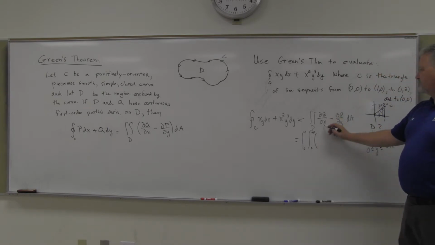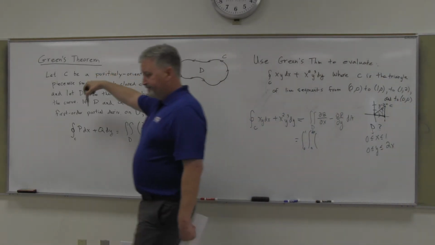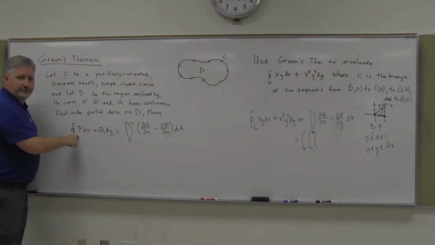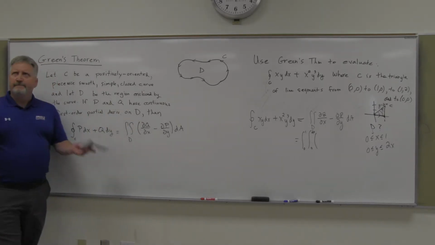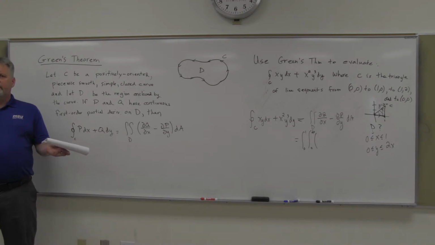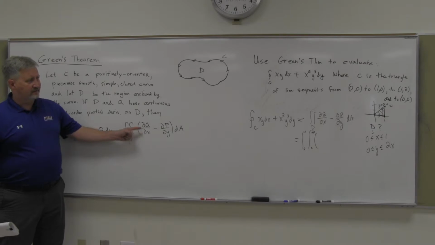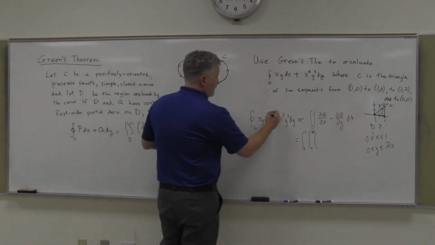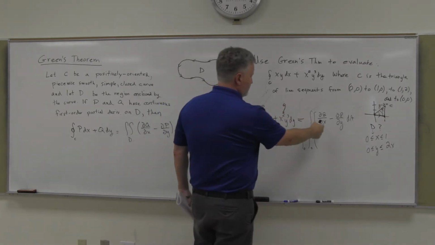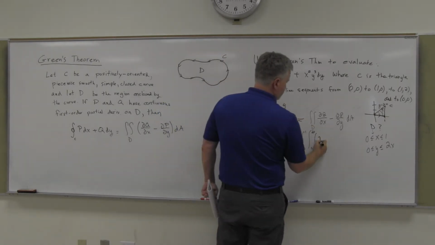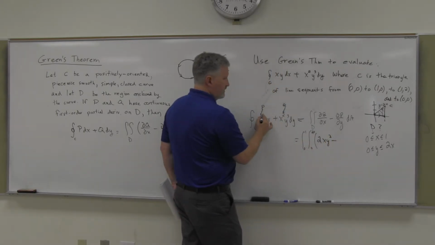All right, partial of Q with respect to x. Out of these two on the line integral, the first one is P, and the second one is Q. This is sort of like proving something is conservative, right? On the Q, we take the partial with respect to x. So the partial of Q with respect to x would just be 2xy cubed, minus the partial of P with respect to y.